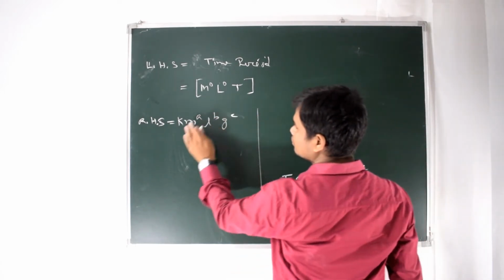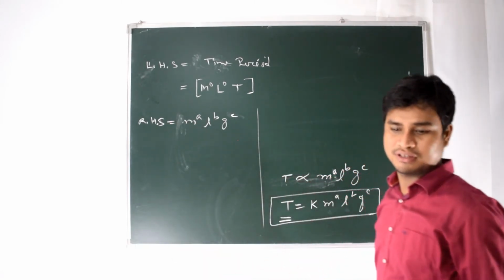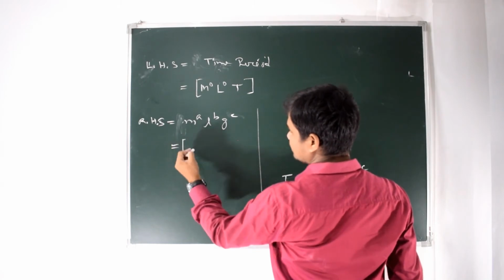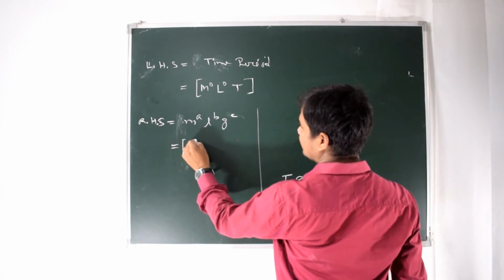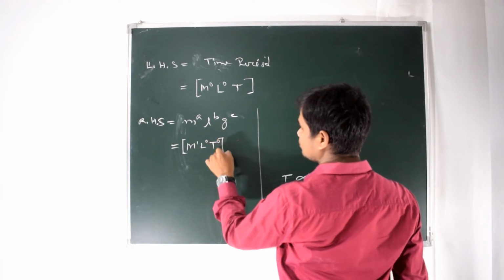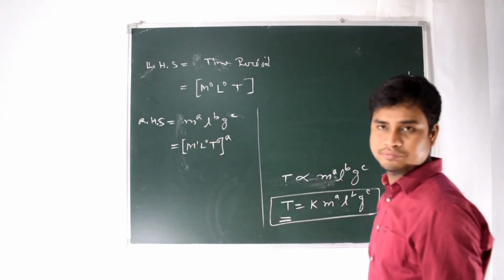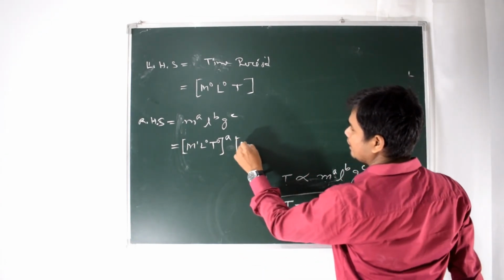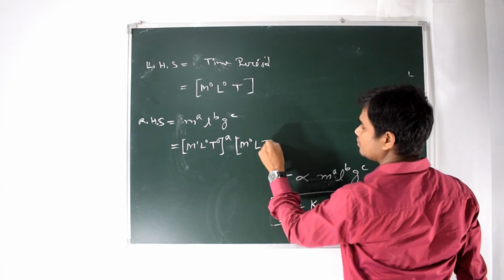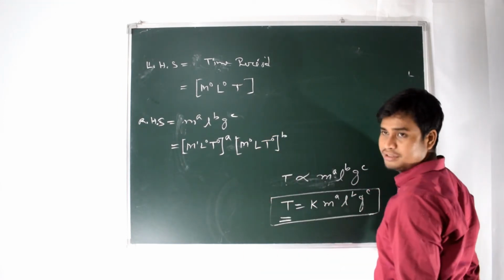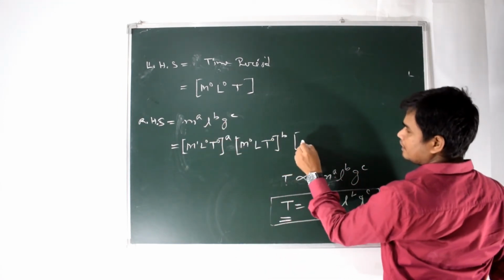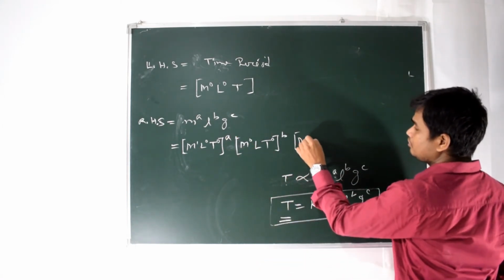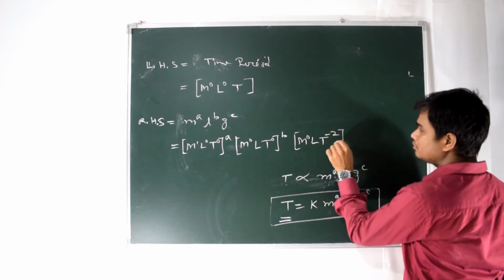K is a constant, so we will not determine the dimension of the constant; that is not necessary. The dimension of mass is M L^0 T^0 to the power a, into M^0 L T^0 to the power b. This is g, acceleration due to gravity, whose dimension is M^0 L T^-2, to the power c.